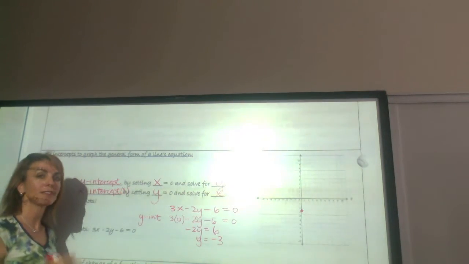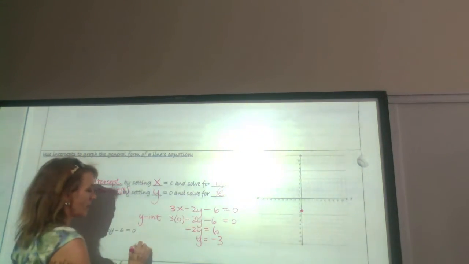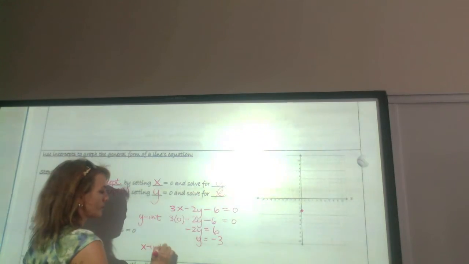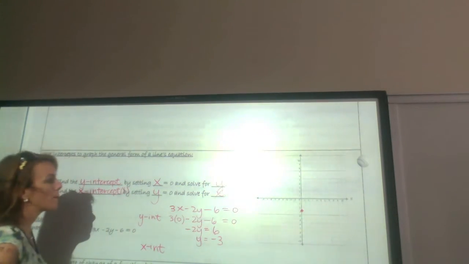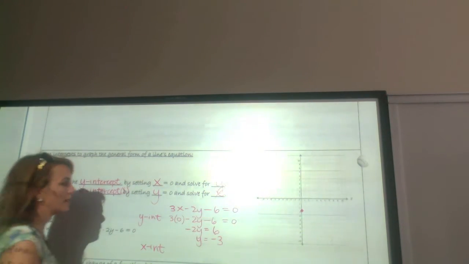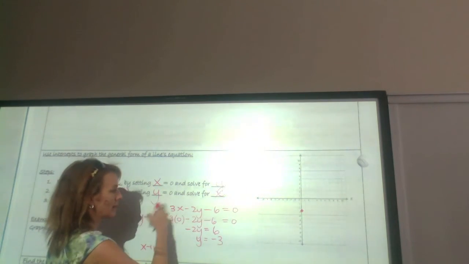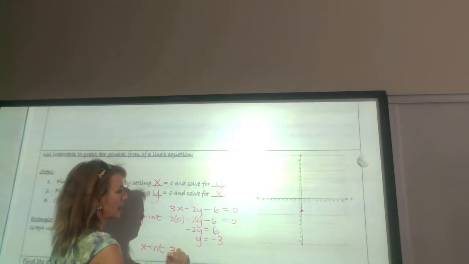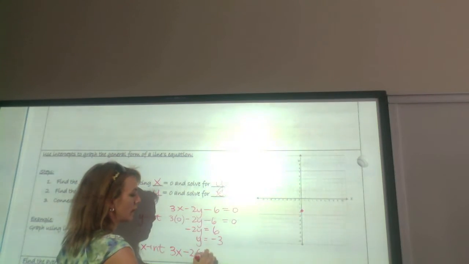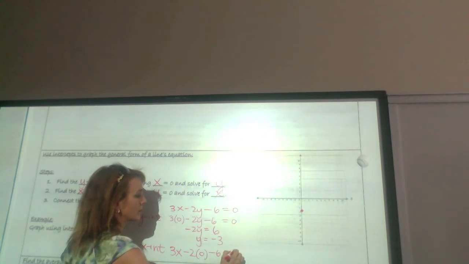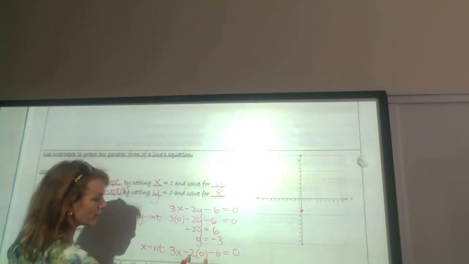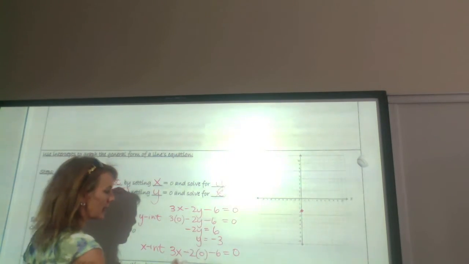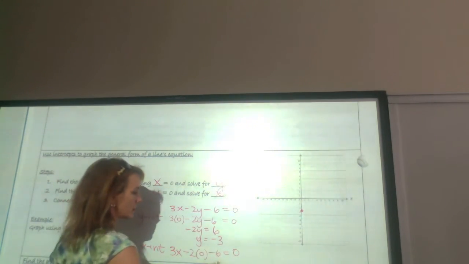Right, now I'm going to do the same thing for my x-intercept. My x-intercept is found by putting a 0 in for y and solving for x. So coming back to that original equation, 3x minus 2 times 0 minus 6 is equal to 0. So this whole thing disappears, right? And I've got 3x minus 6 equals 0.